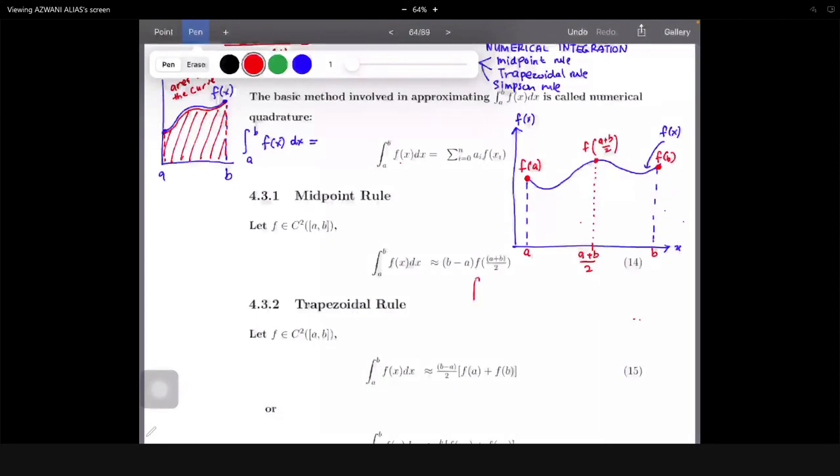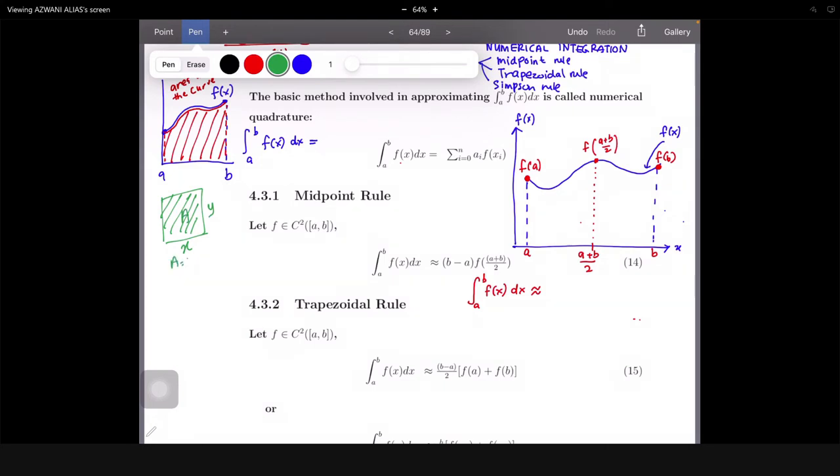So the integration from A to B for the function fx dx is approximate. Dia guna approximate kat sini sebab dia tak dapat jawapan yang tepat jika menggunakan midpoint rule. Kenapa? Midpoint rule ni is like this. We know that area kan? Area adalah let's say X darab dengan Y. So this is area.